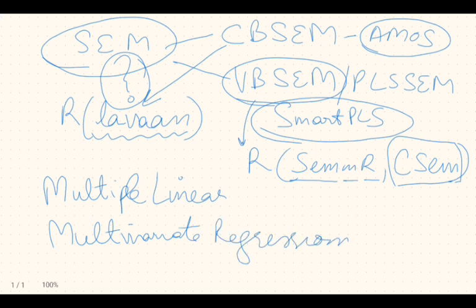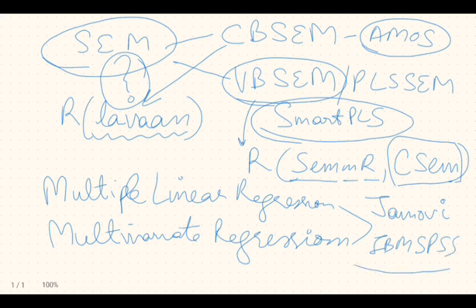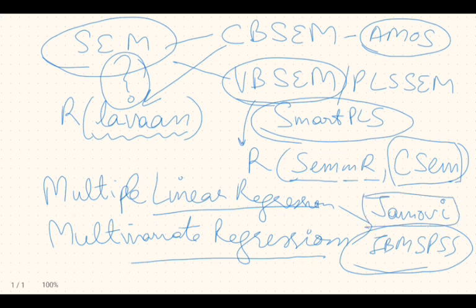Though you can also conduct multiple linear regression and multivariate regression in Jamovi software, which is freely accessible, while IBM SPSS is licensed software. In Jamovi you can also do structural equation modeling, which you actually do in AMOS. So Jamovi is good enough to do structural equation modeling, basically covariance based structural equation modeling.